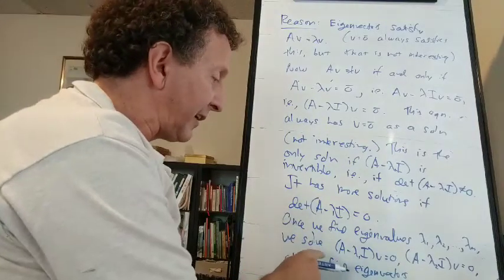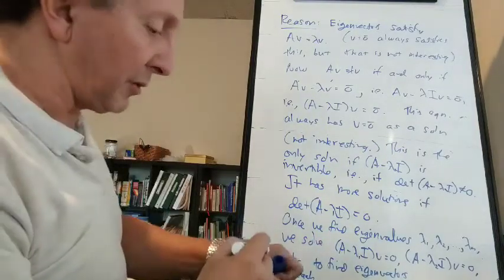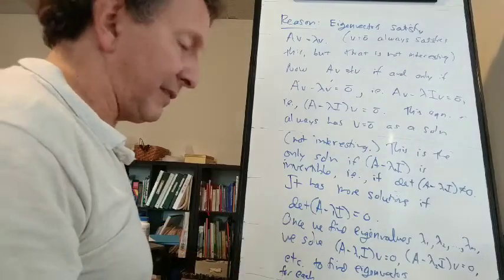So each eigenvalue is going to give us an equation that helps us find an eigenvector having that eigenvalue.